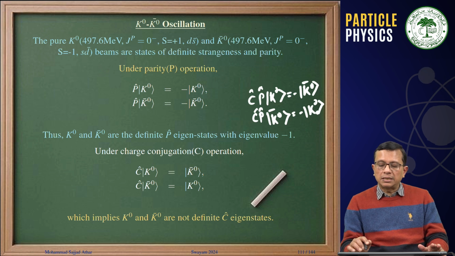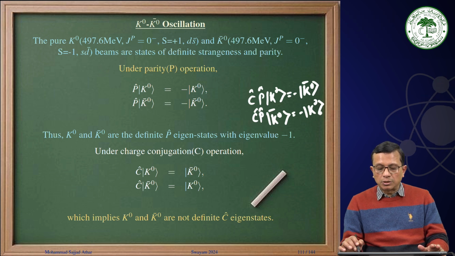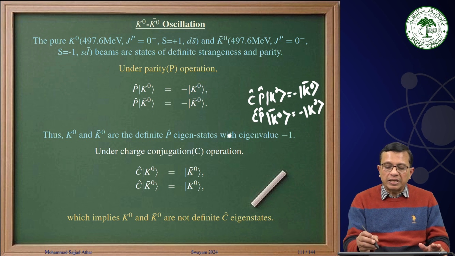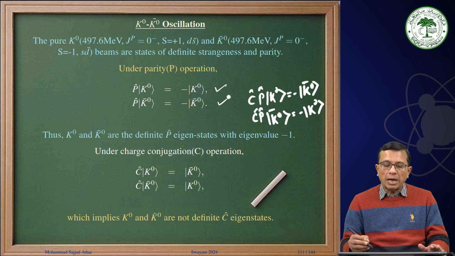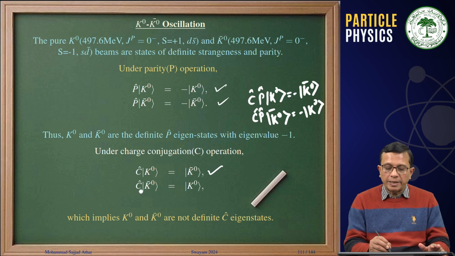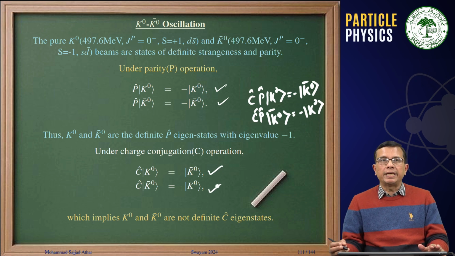What you realize is that when CP operates on K0, you get K0 bar, and when CP operates on K0 bar, you get K0. Therefore, if you look at all these three examples, K0 and K0 bar are definite parity eigenstates with eigenvalue minus 1, while when you operate by C on K0, you get K0 bar, and when you operate C on K0 bar, you get K0.